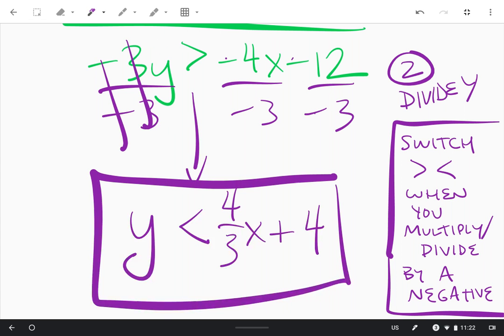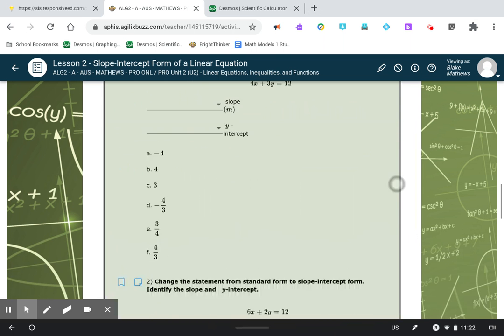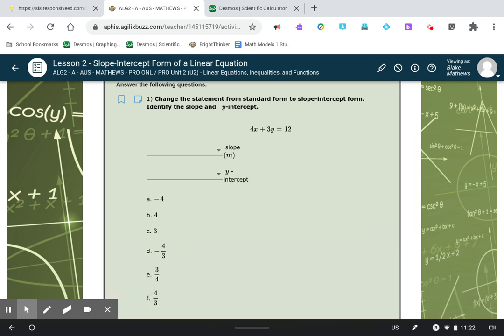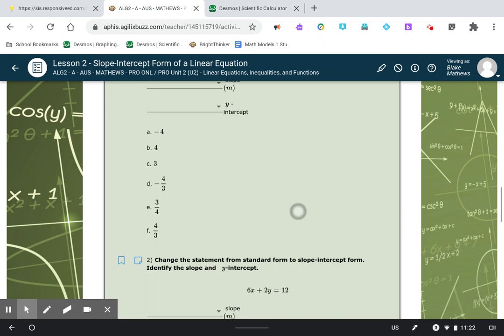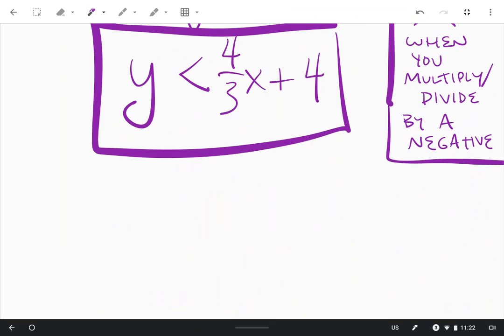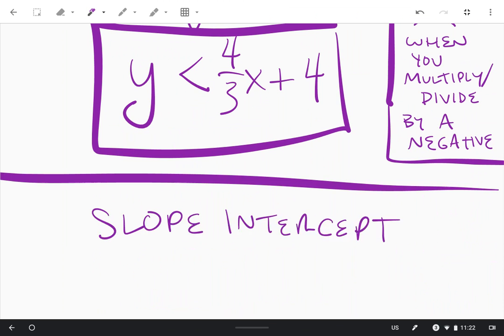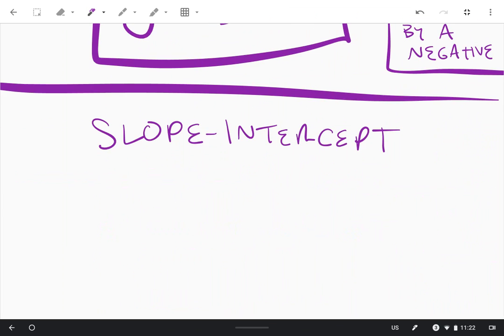So a lot of this should be familiar to you. I just wanted to give you a bit of a refresher. This is what they're having you do in all of these problems. They get you to solve it for slope-intercept form, and then they want you to identify the slope and y-intercept. So remember, when we talk about slope-intercept form, it is named that because that is what it tells us.